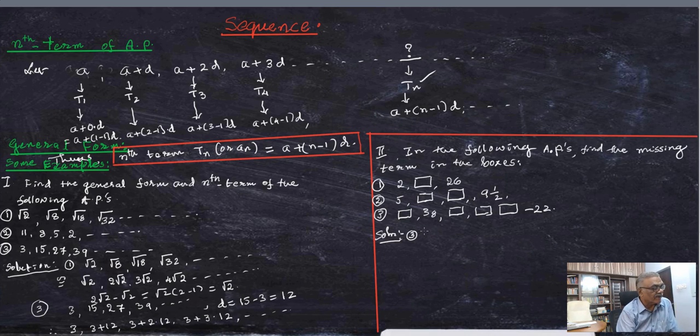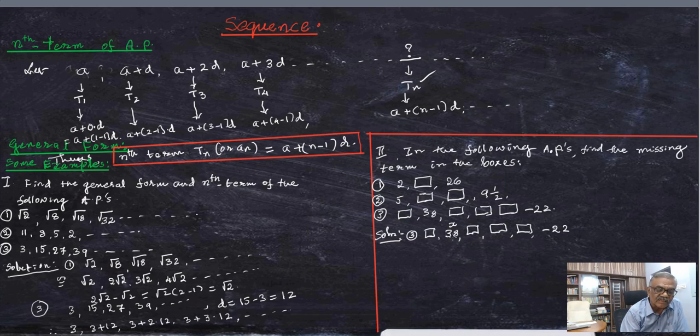Now we can see this term, that is 38, I can consider as x, and this is a box where the term is missing, this is a box where the term is missing, and the last term is minus 22.